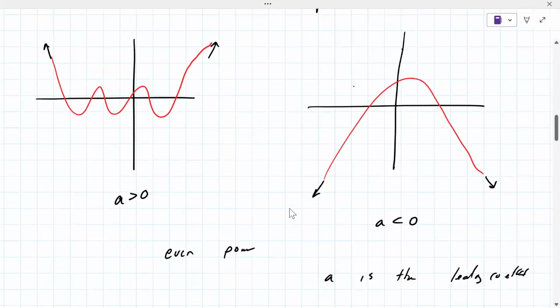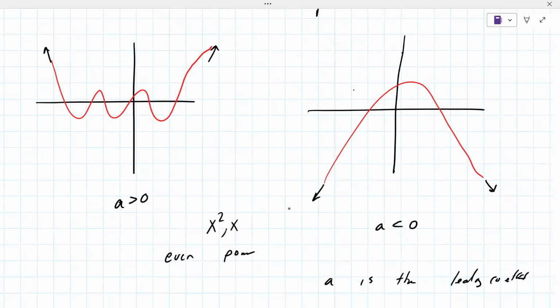Odd powers. So the even powers are like x squared, x to the 4th, x to the 6th, and so on. Let me look up some end behavior problems here.